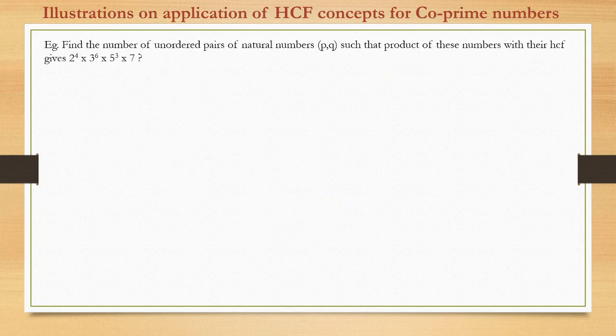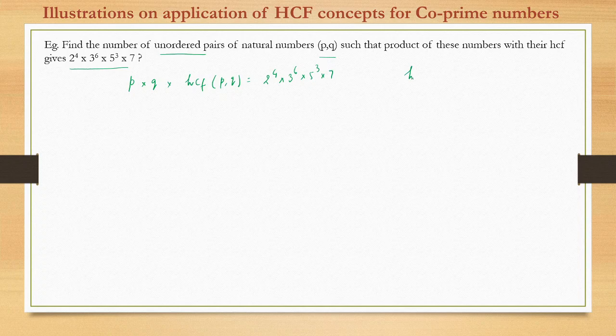Now we'll see one last example and then close this session. So here: find the number of unordered pairs of natural numbers p and q such that the product of these numbers with their HCF gives this. So we are asking for unordered pairs of natural numbers p and q such that the product of p and q, that is p into q, multiplied with the HCF of p and q is nothing but 2 raised to power 4 into 3 raised to power 6 into 5 raised to power 3 into 7.